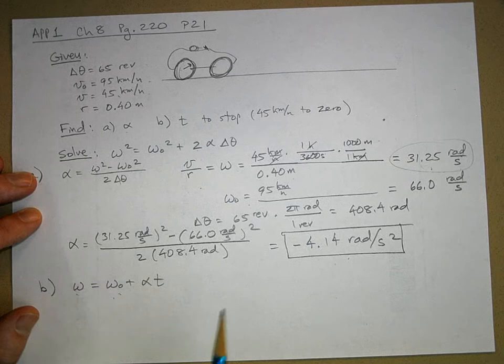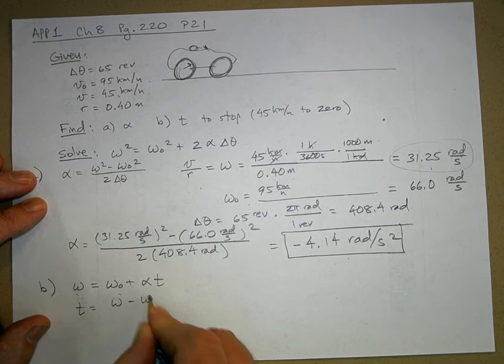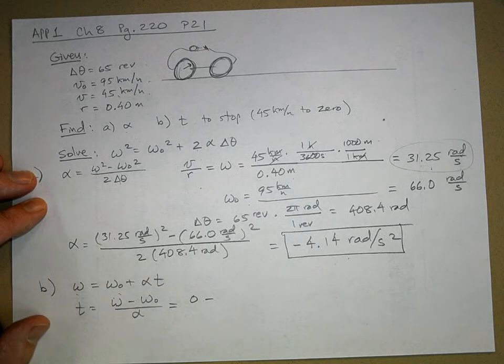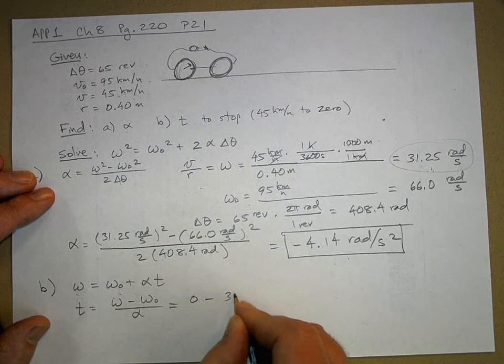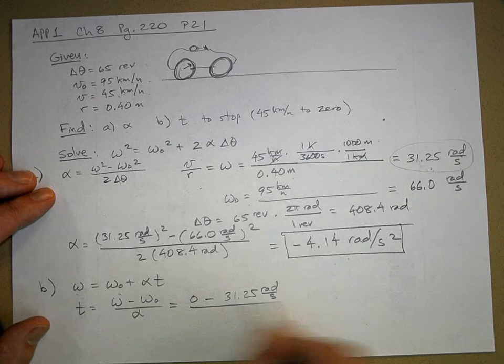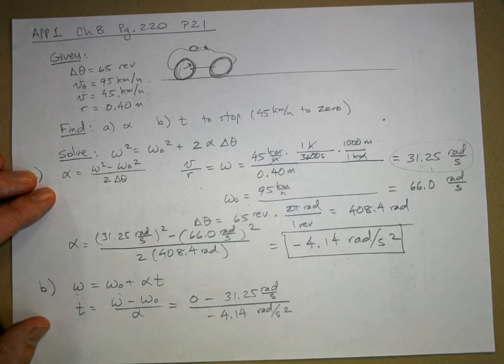Right? It says how much more time does it take for it to stop? So I'll solve for time. Time equals omega minus omega naught over alpha. Well, what is omega? It's 0. And the additional time starts after we've reached that 45 kilometers per hour, or after we've reached the 31.25 radians per second. Divide that by negative 4.14 radians per second squared.